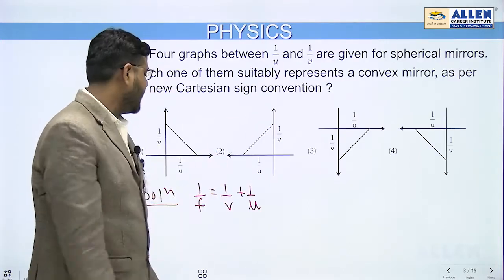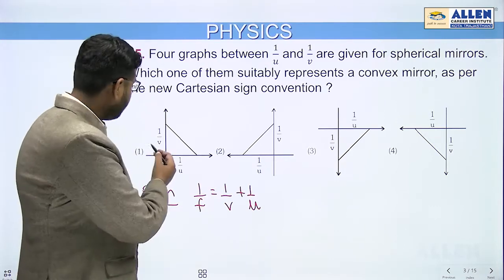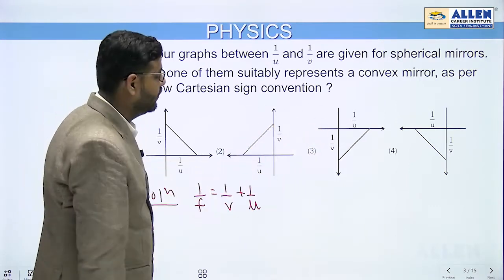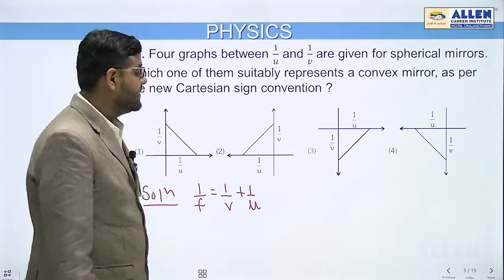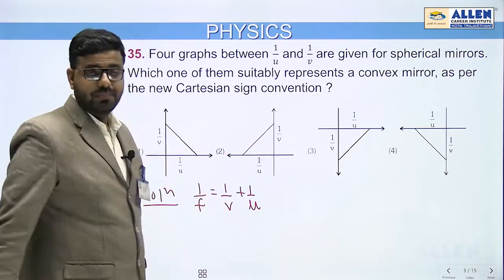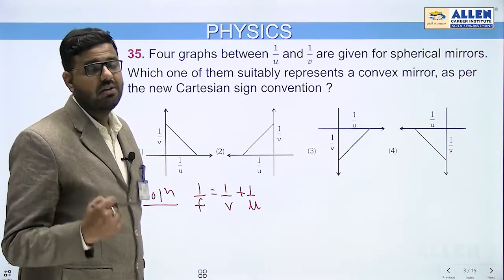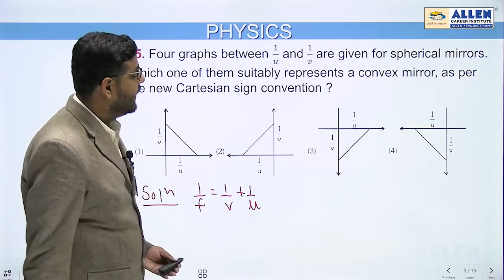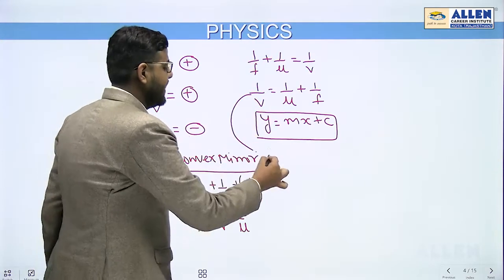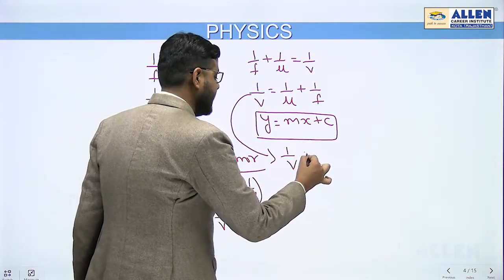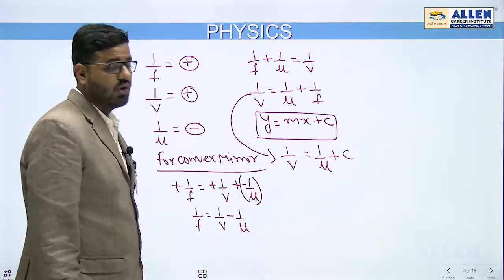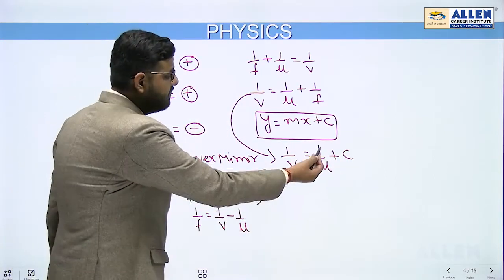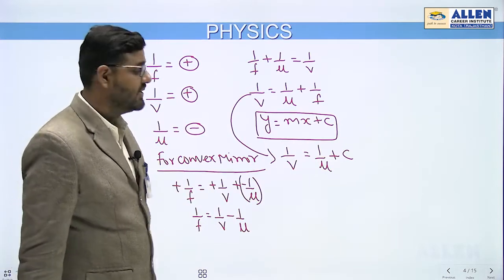Now looking at the graphs, we can see graphs 1, 2, 3 and 4. Okay, so if you see graph 2, first of all the slope of the graph is positive, and secondly, if I write this equation as 1 by v is equal to 1 by u plus c. Okay, so 1 by v equal to 1 by u plus c.